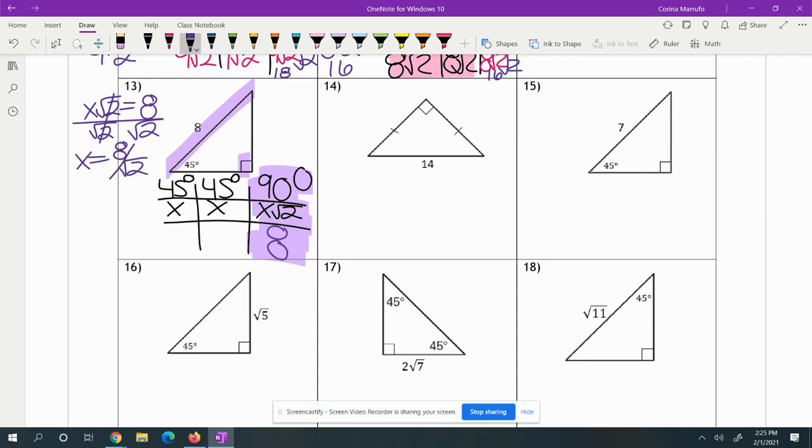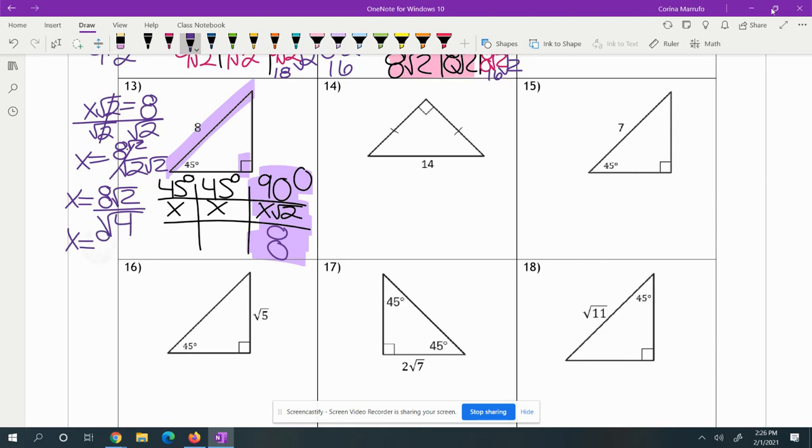Okay, and then from there, we can't just leave it like that. We have to rationalize it. What rationalize means is you can't have a square root of 2 on the bottom, so you need to multiply the top by the square root of 2 and the bottom by the square root of 2. Okay, so then x equals 8 in the square root of 2 on top, and then square root of 2 times square root of 2 gives you the square root of 4.